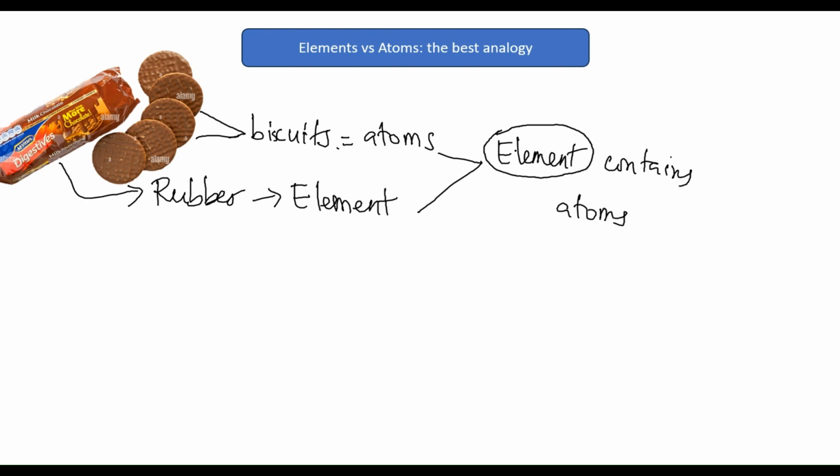The same thing applies to chemistry. Elements will give you an idea about all the atoms inside them. So an element contains what? Atoms. Element contains atoms.